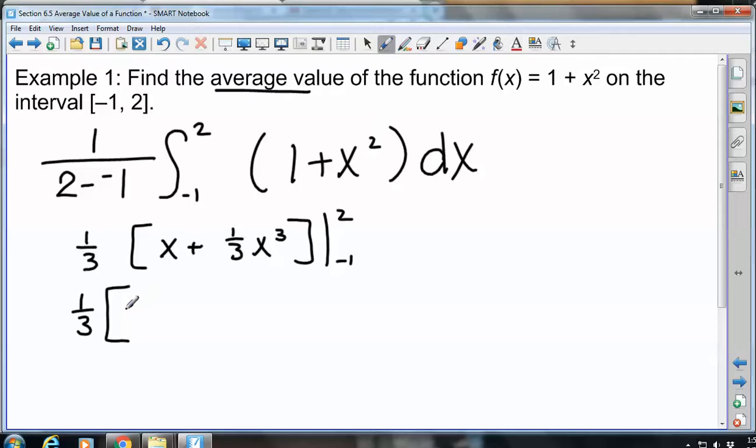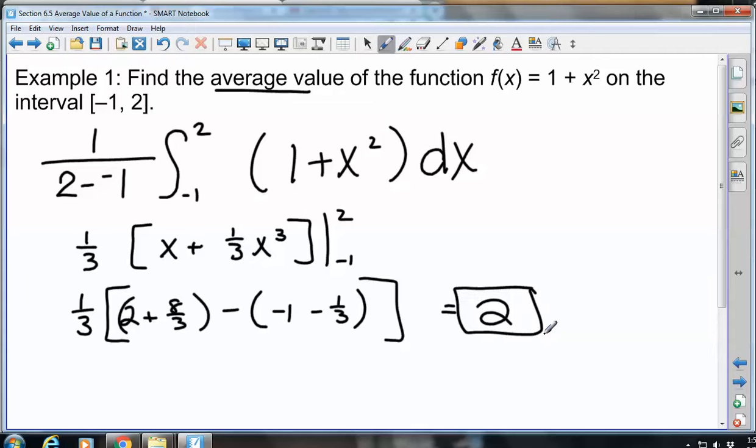So if I put those in, the average value of that function is 2. Is that alright for everybody?